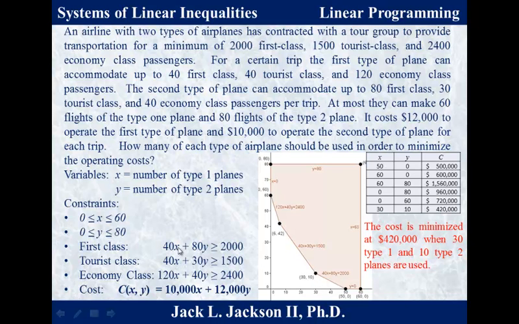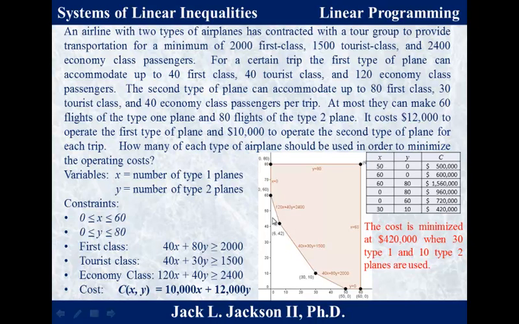Now the tourist class, similarly, the first plane has 40 of those, and then 30 for the other plane, so that's 40X plus 30Y, and we've got to have at least 1,500 of those altogether. So 40X plus 30Y is greater than or equal to 1,500. That's this line segment here, and that would erase another bit off of this.